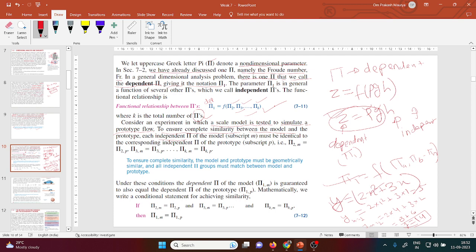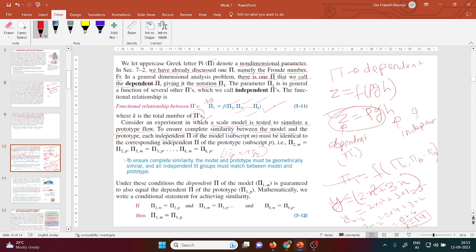The prototype's independent parameters must be equal to the model's pi, using the scale factors I was explaining previously.